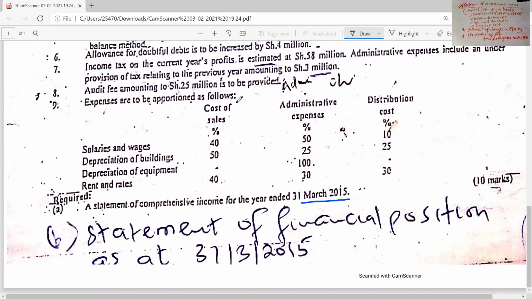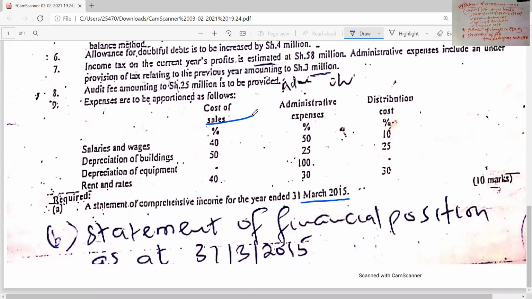Some will go to cost of sales, some will go to admin, some will go to distribution. They are very specific: salaries and wages, depreciation on building, depreciation on equipment, and rent and rates. So any questions so far?